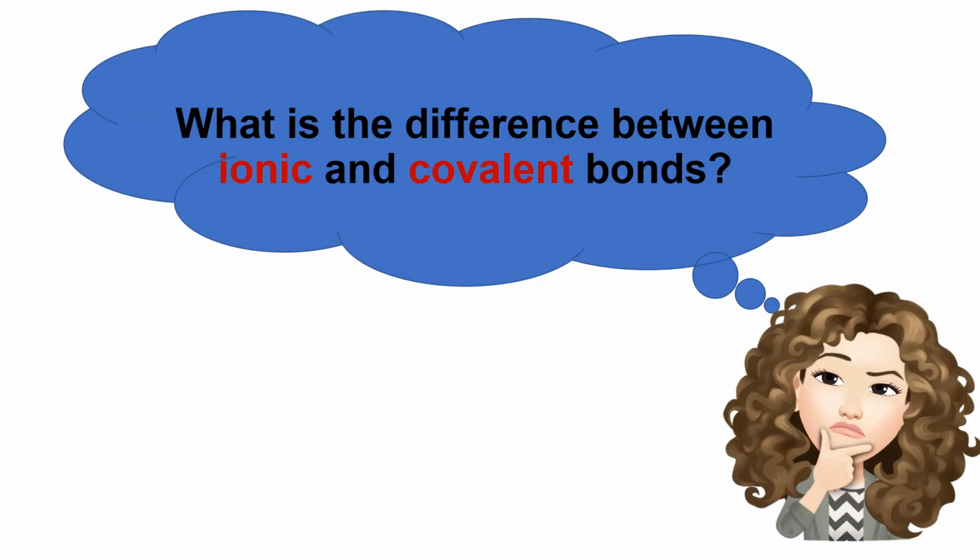Now we look at the difference between your ionic and covalent bonds. In our previous slides, we saw the difference of ionic and covalent bonds according to the dipole moments and the presence of charges. For ionic bonds, there is no dipole moment at all.